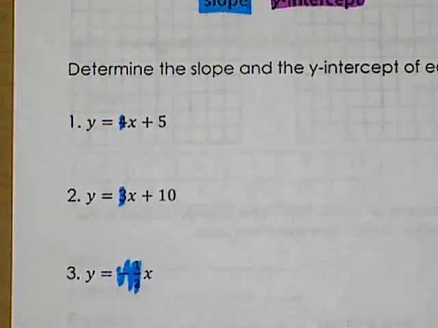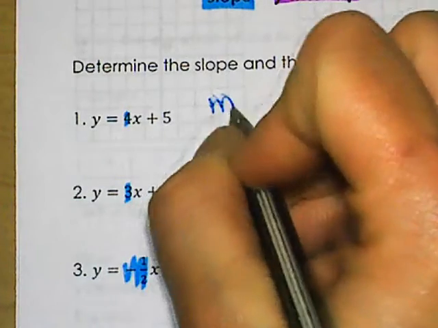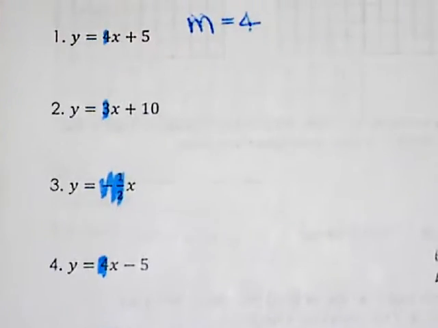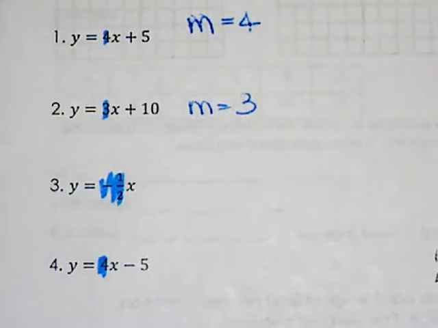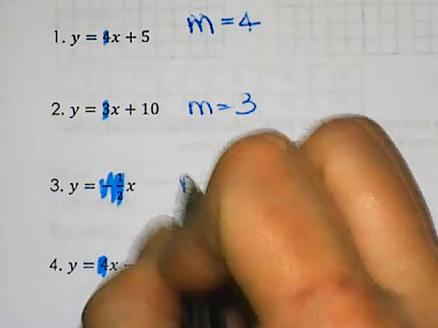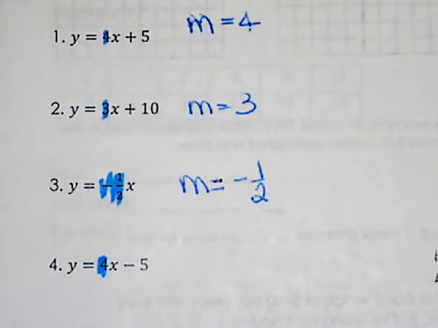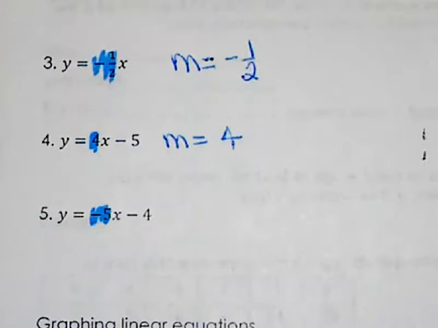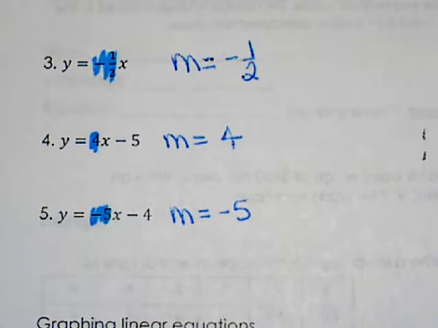Therefore, the slope on each of these: M equals 4, M equals 3, M equals negative 1/2, M equals 4, and for number 5, M equals negative 5.